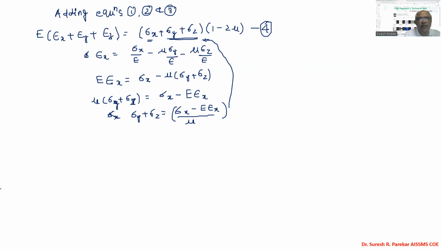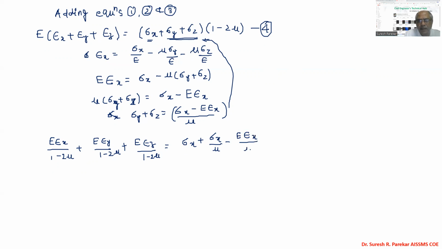From this, if I take 1 minus 2 mu on the left side, I get E epsilon x upon 1 minus 2 mu plus E epsilon y upon 1 minus 2 mu plus E epsilon z upon 1 minus 2 mu, and that is equal to sigma x plus, now, sigma x upon mu. Now I am going to substitute sigma y plus sigma z, so I will get sigma x upon mu minus E epsilon x upon mu.